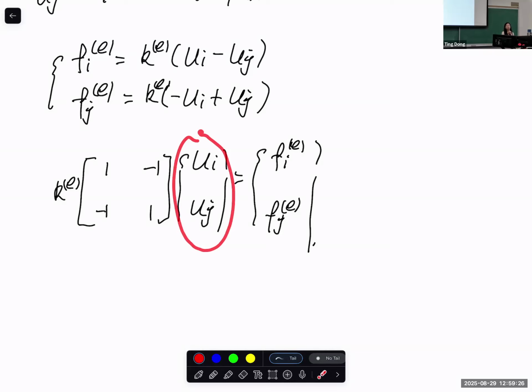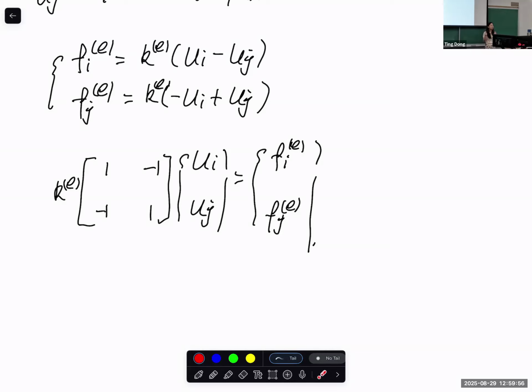You only know UJ minus UI, right? If I apply tension over a spring element, say elongation UJ minus UI equals 0.1, I can have this tension applied here, but I can also move my spring element to here. So I can have infinite combinations as long as UJ minus UI equals 0.1, satisfying these two equations or this matrix equation form.